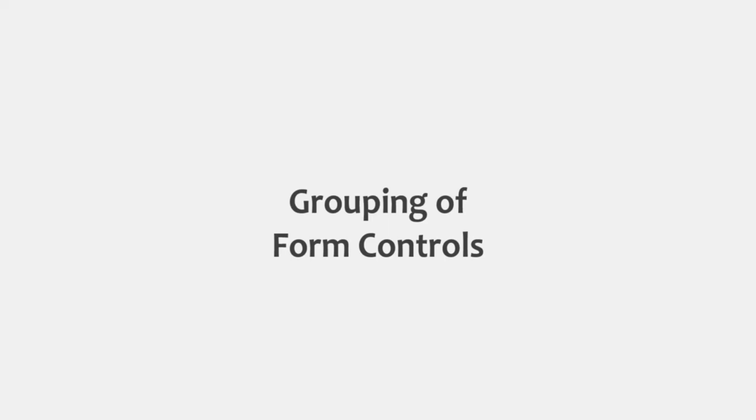So here, instead of doing the validation on each form control, we do it on a group level. So this is one use case where we might want to group some of the form controls together and perform the validation on that group instead of doing the validation on each of the form controls.